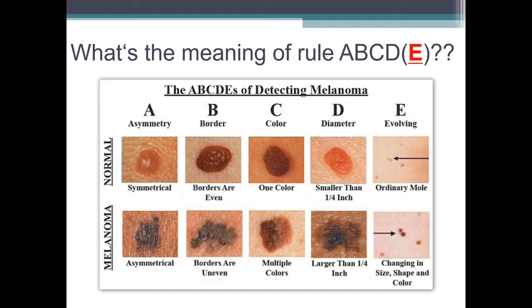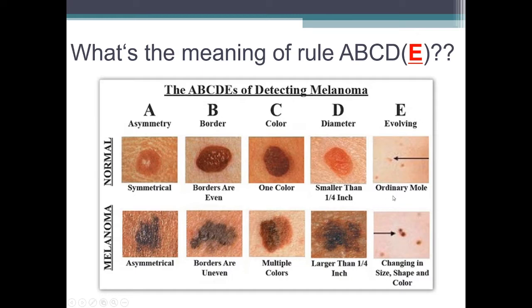It's good to use this rule for laypeople, for non-specialists. But as you saw on the pictures that I showed you before, it's not so specific because a lot of signs could be explained, like the symmetry. For example, the last one wasn't symmetrical, but it's benign.